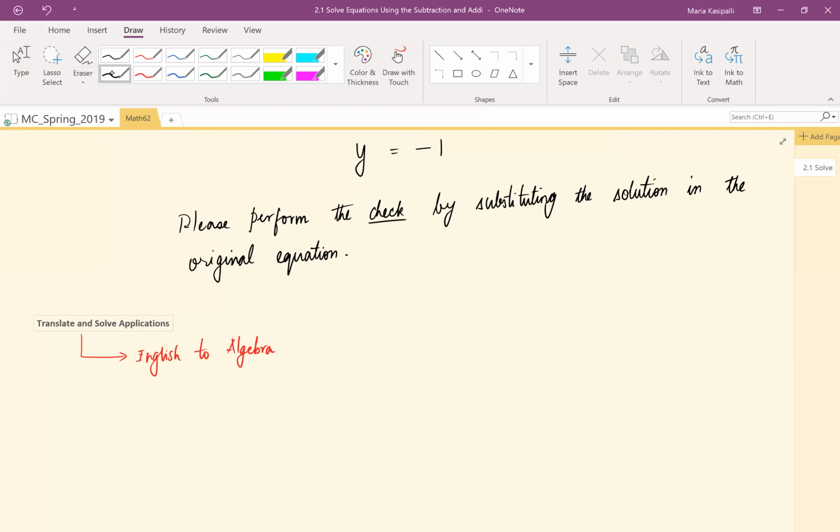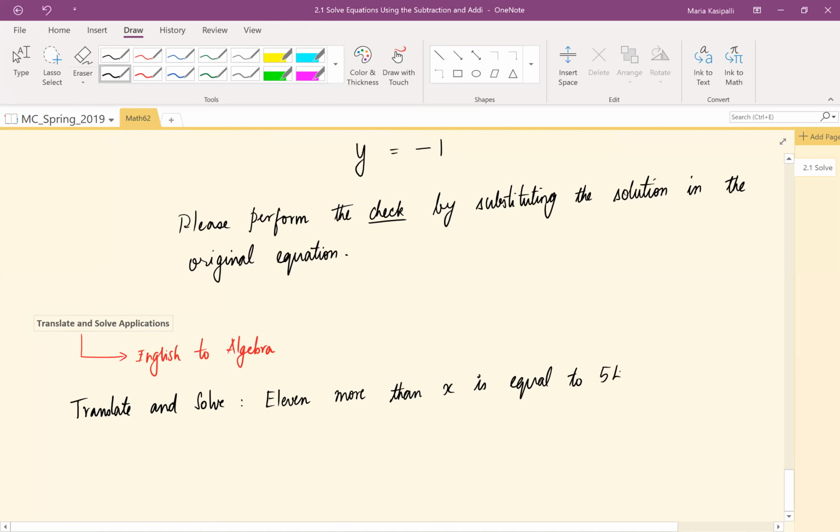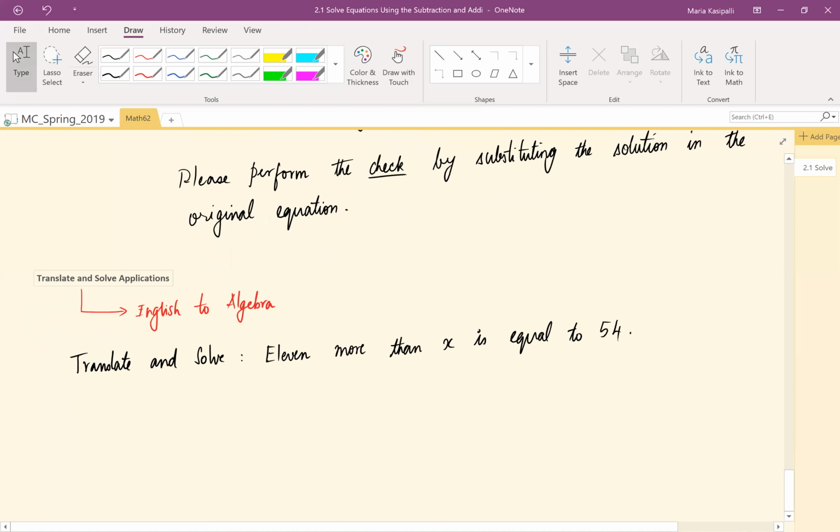Okay. So if the question says translate and solve, let's say 11 more than x is equal to 54. Again, this is just a warm-up question.